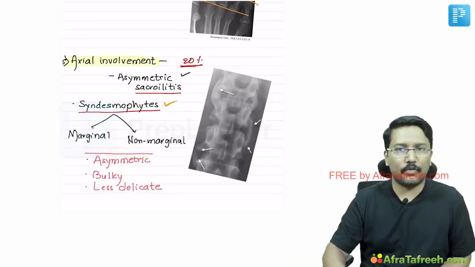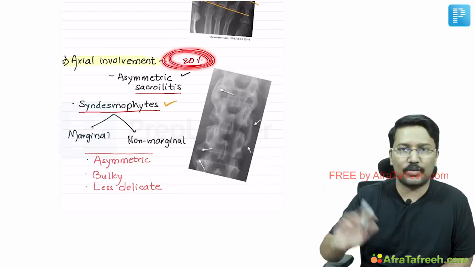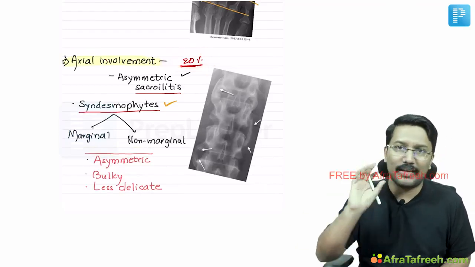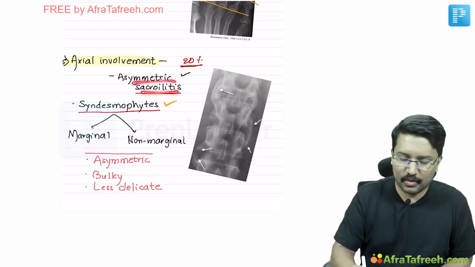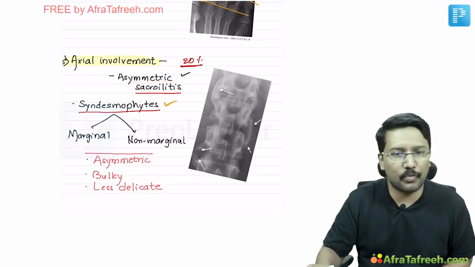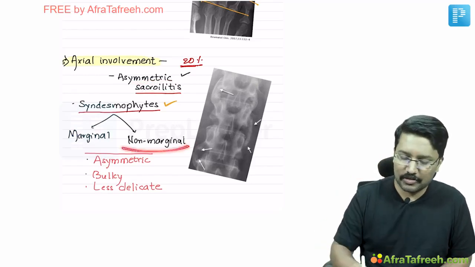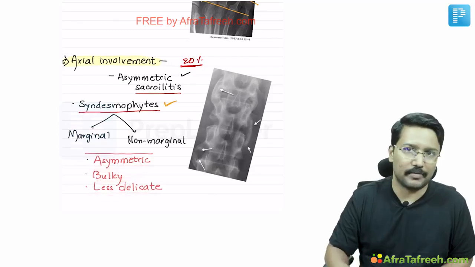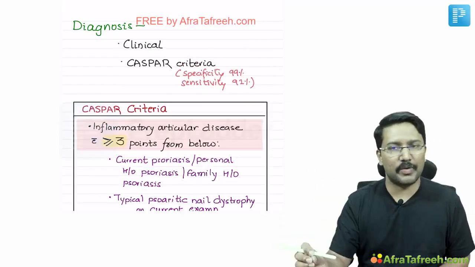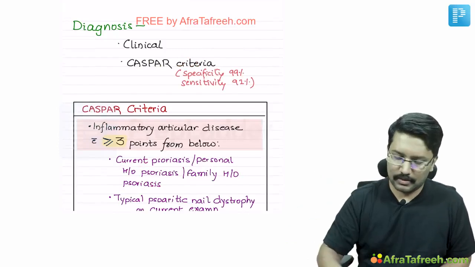In terms of axial involvement, it is less common in comparison to the other spondyloarthritis, and asymmetry is the norm, right? Rather than symmetry, there is asymmetrical sacroiliitis, asymmetric spondylitis, with non-marginal syndesmophytes, which are again asymmetric, bulky, and less delicate. Diagnosis is clinical; the CASPAR criteria is something we should know, right?